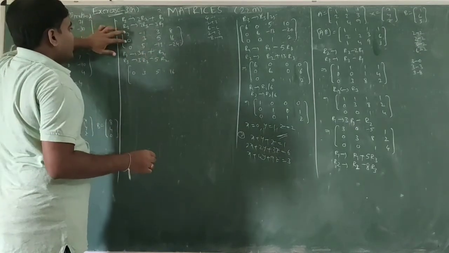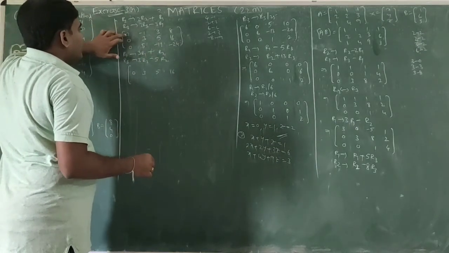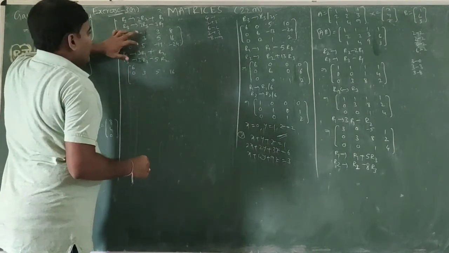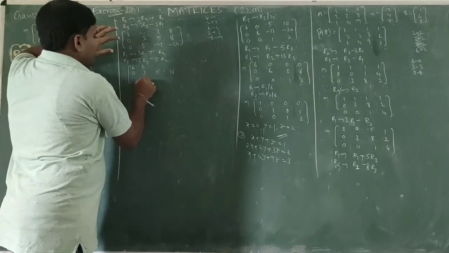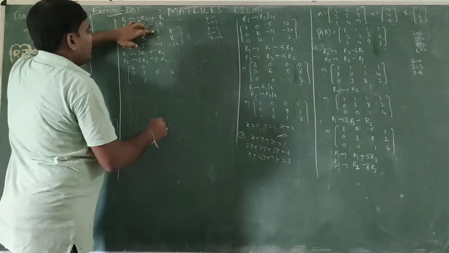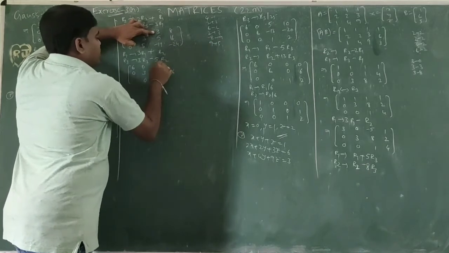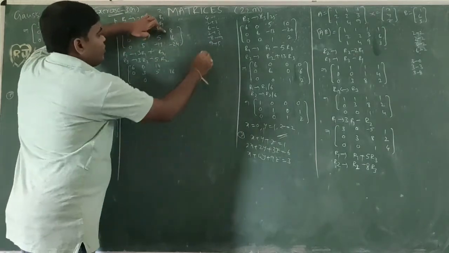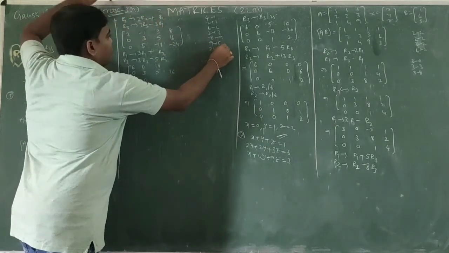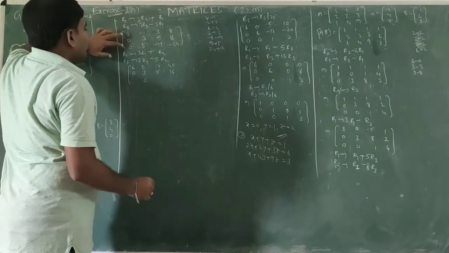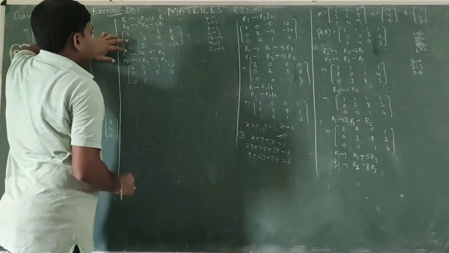Next, first coming to this one: 3 into 2, 6, plus 0, 6. Next, minus 3 plus 3, 0. These two elements are 0. 3 into 3, 9, plus 5, 14. 3 into 8, 24, plus 16, 40. Next, 2 and 0, these two are zeros, so automatically it is 0.